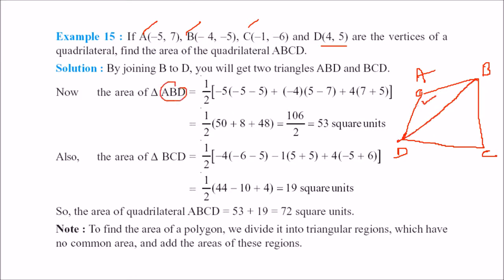This can be ABD. Place in the formula. This will be 53 square units. Again, the area of this part, that is the triangle BCD, this will be 19. You just have to place the vertices and you add this. This is the area of the quadrilateral. So we have divided the quadrilateral into two triangular regions, and you can in fact do this with various polygons, dividing them in the form of triangles.